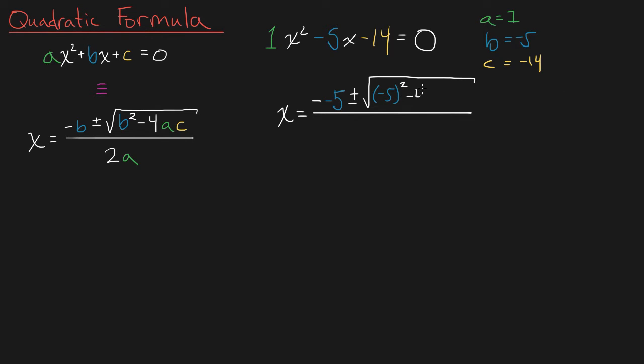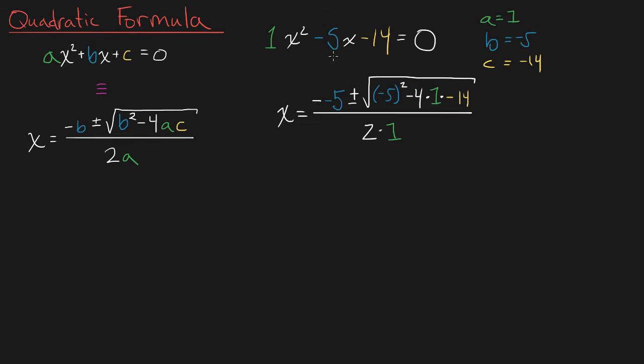So -4, and then a is 1, so times 1, and then times c, which is -14, times -14, and then all of that over 2 times a. And so that's 2 times a, which is 1.